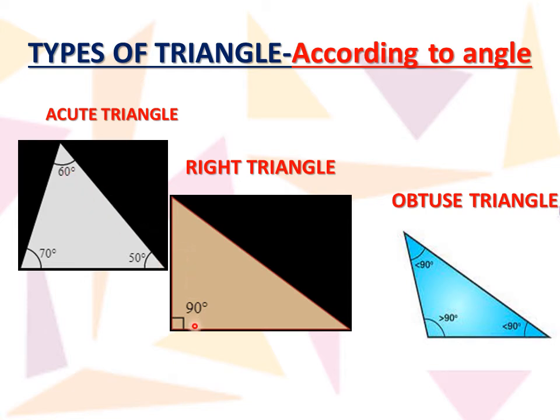Right angle, once again, if one of the angles is exact 90 degree, then this triangle will be called a right triangle. And obtuse angle, if one of the angles of the triangle is greater than 90 degree, then that triangle will be called an obtuse triangle.